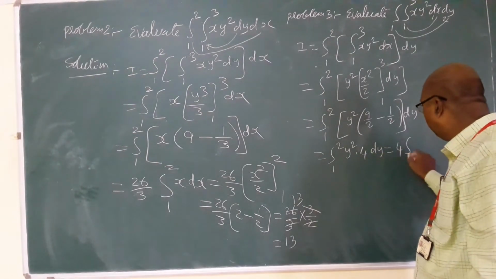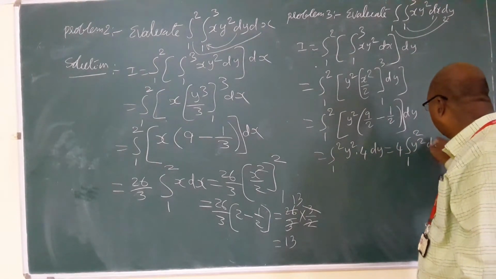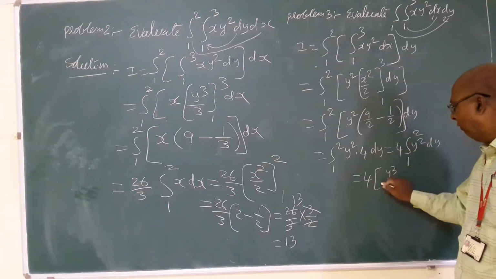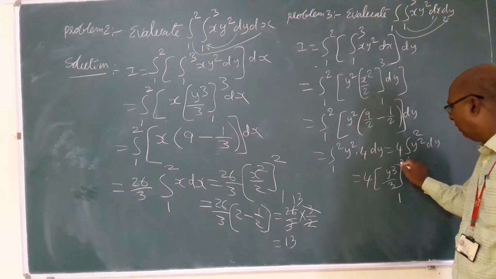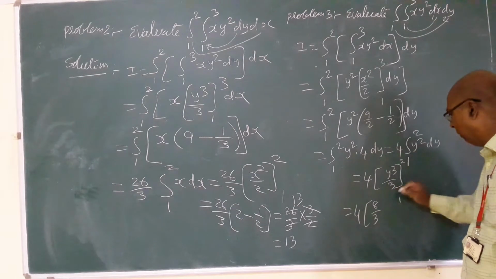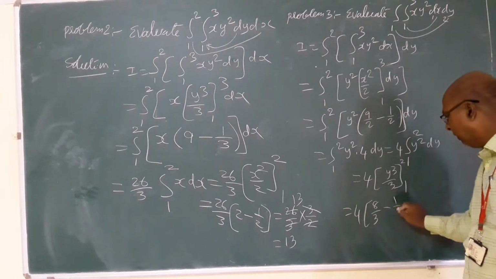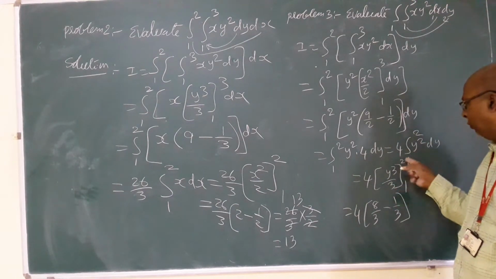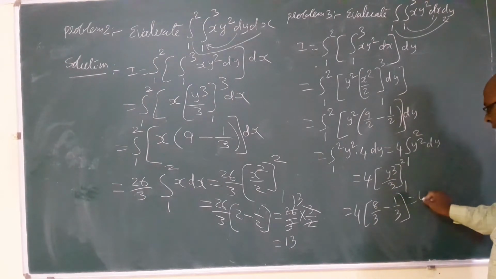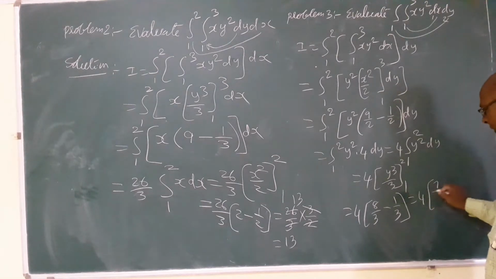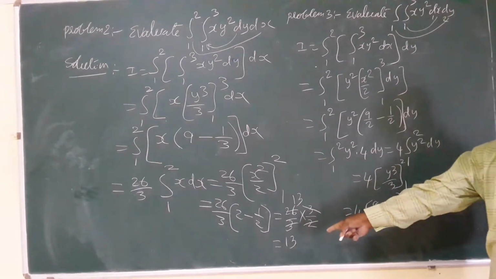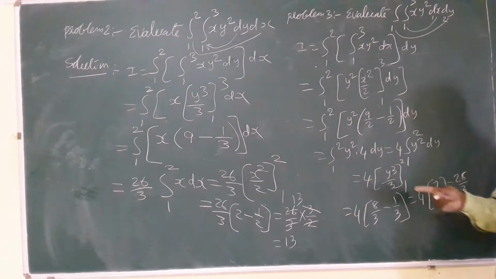Taking 4 common, integral 1 to 2 y square dy. Integration of y square is y cube by 3, from 1 to 2, so 4 into 8 by 3 minus 1 by 3, where 2 cube is 8. That is 4 into 7 by 3, which is 28 by 3.